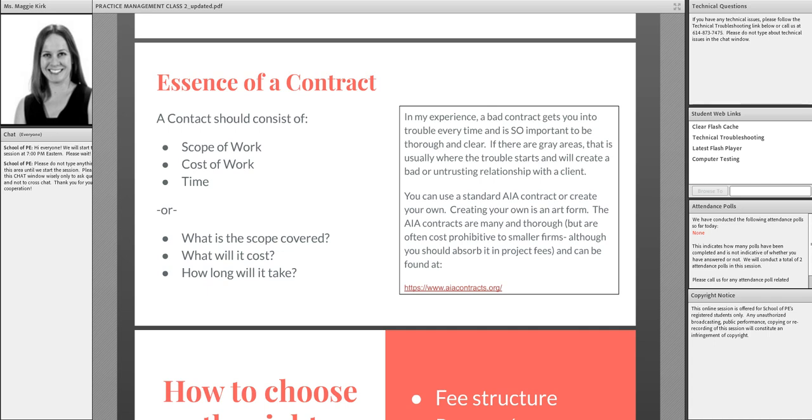I tend to find that a lot of the smaller firms just make their own because, they're not cheap, but they do have their advantages as well. That's also noted as a link where you can have access to the AIA contracts. The examples that I'm going to show you are from the AIA's website, their AIA contracts.